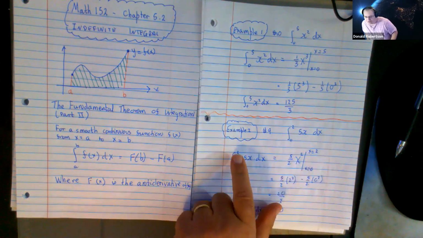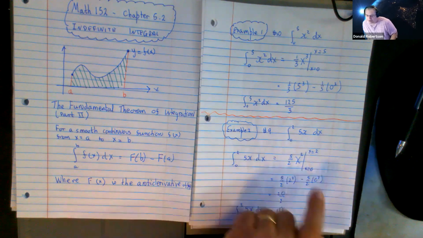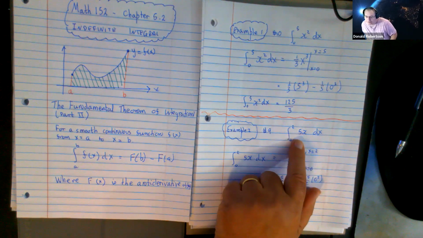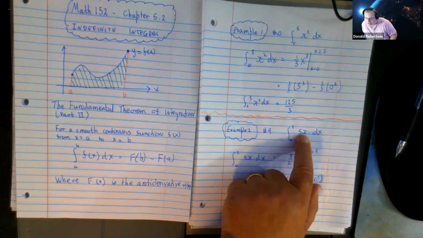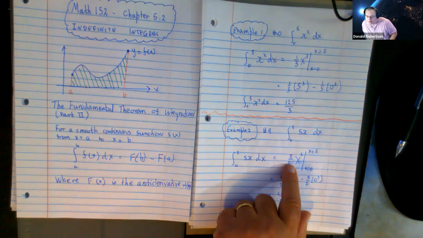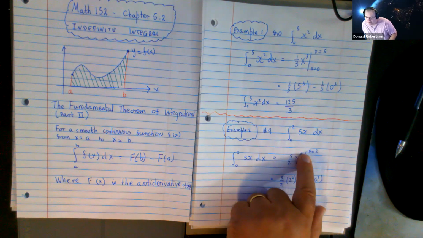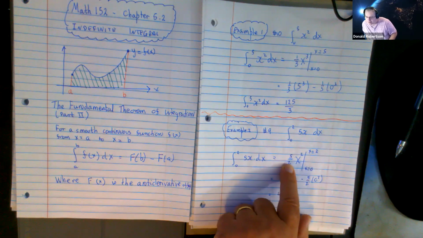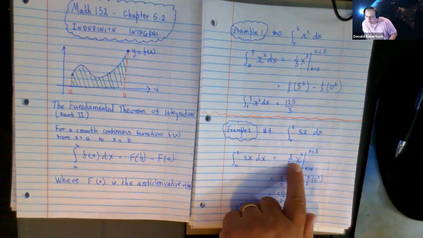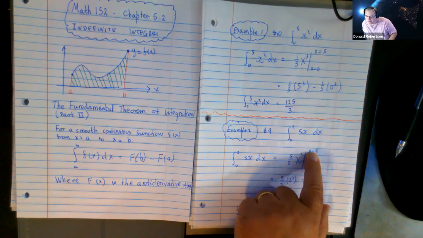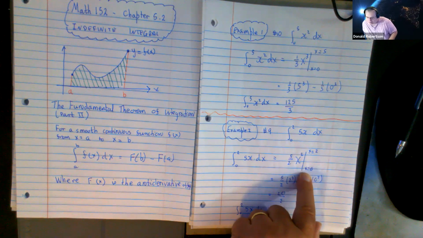This one is another example, a little bit simpler actually. The area under the curve from 0 to 2 of the function 5x. Well, if you want to do that, you find the antiderivative of 5x. So add 1 to the power and divide by the new power. That's the antiderivative, evaluated from x equals 0 to 2.